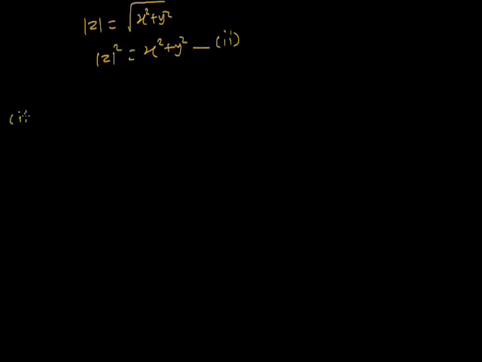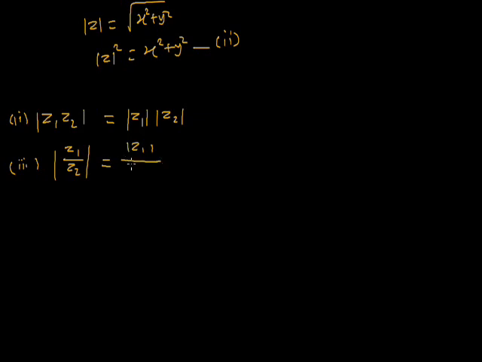The second property will be the modulus of z1 into z2 is exactly equal to modulus of z1 into modulus of z2. We can prove it. Similarly, the third property will be the modulus of z1 upon z2, which is exactly equal to modulus of z1 upon individual modulus of z2.